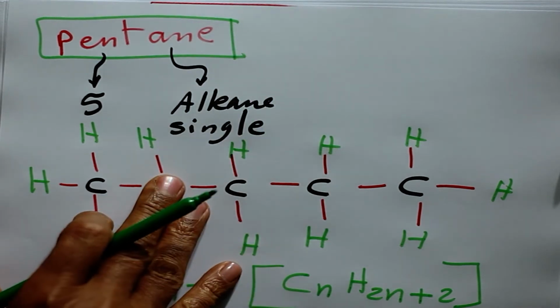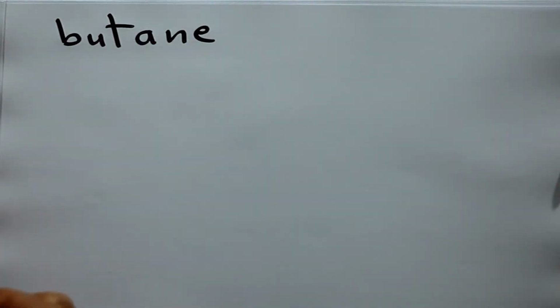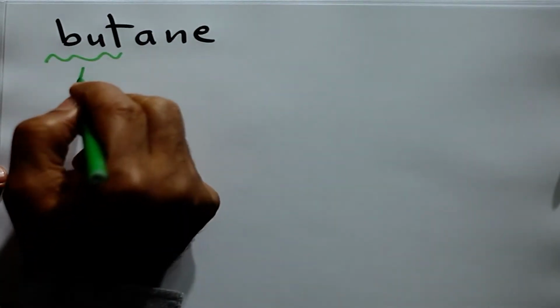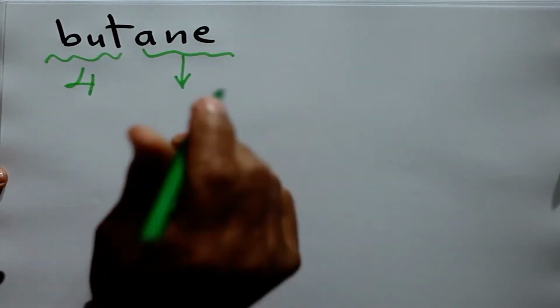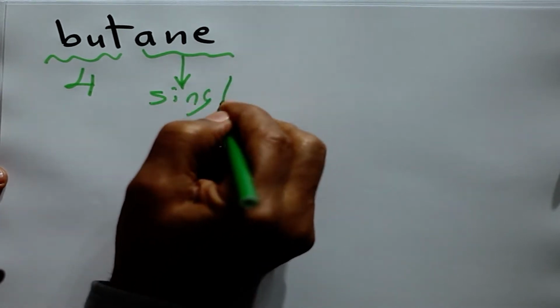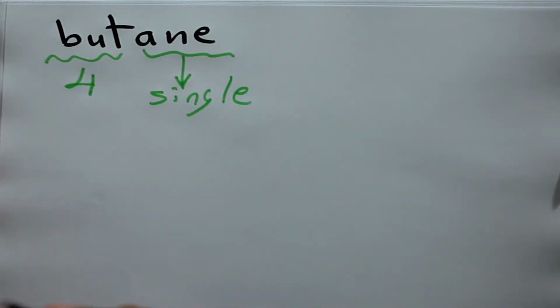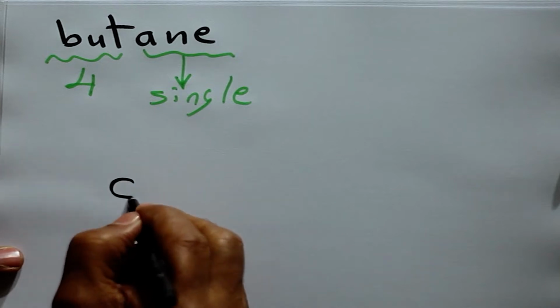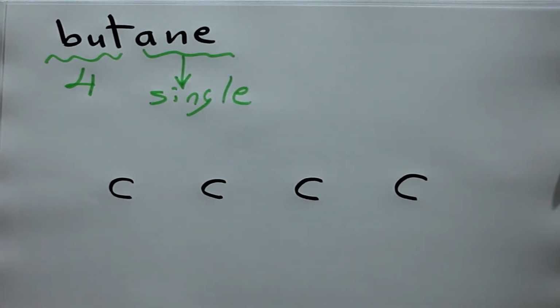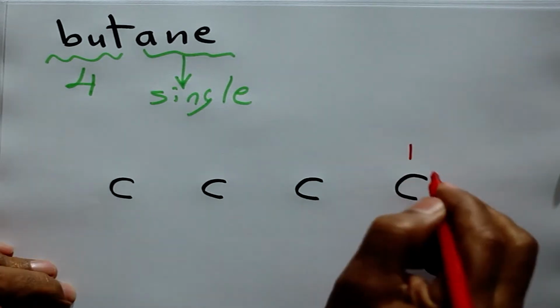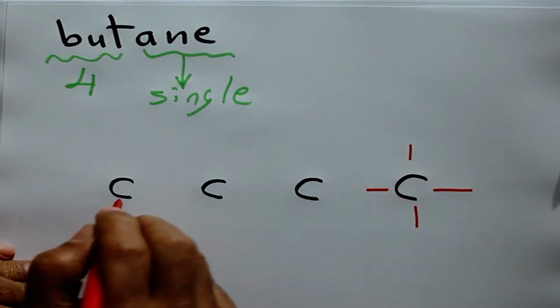Pentane. Another example, butane. It means but contains 4 carbons and is saturated. All bonds are single. We can write its structure: but 1, 2, 3, 4, and all bonds are single. Each carbon has 4 lines.